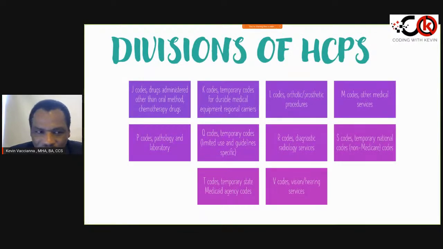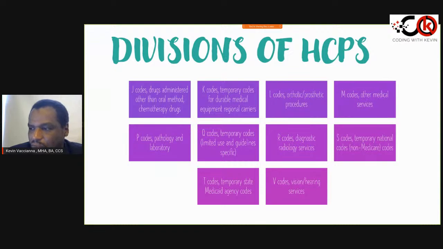These are some additional codes that are out there. You have J codes, which are drugs administered other than by oral method, and chemotherapy codes. You have K codes, which are temporary codes for DME regional carriers. You have L codes, which are utilized for prosthetic procedures. M codes are other medical services.